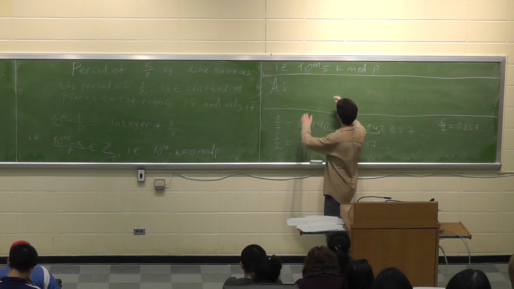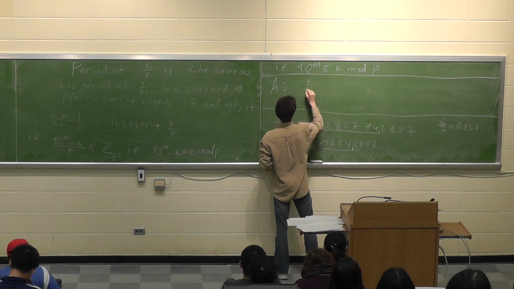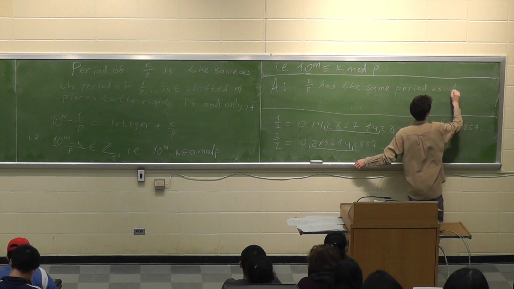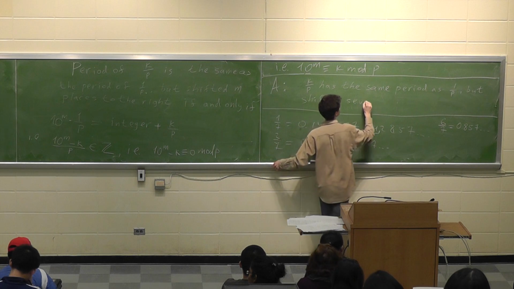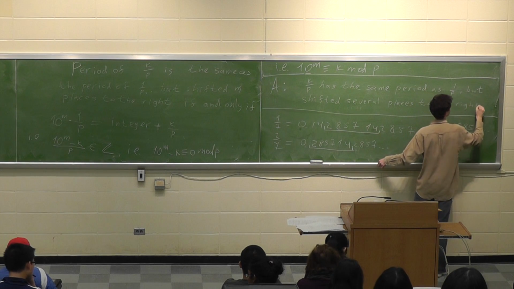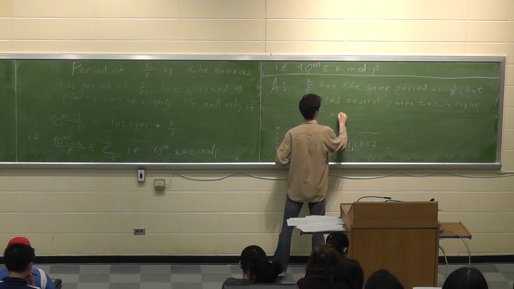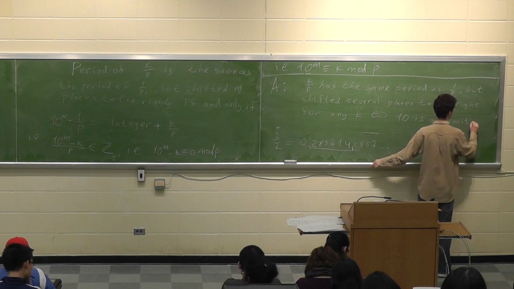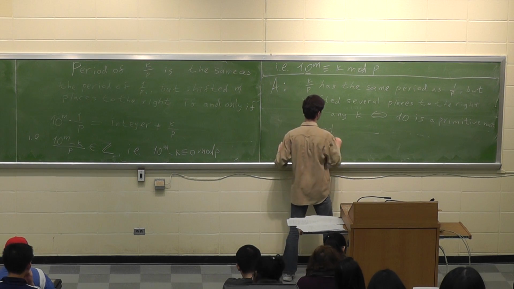Well, the answer is if and only if any residue modulo p is a power of 10, i.e. k over p has the same period as 1 over p shifted several places to the right for any k, if and only if 10 is a primitive root modulo p.